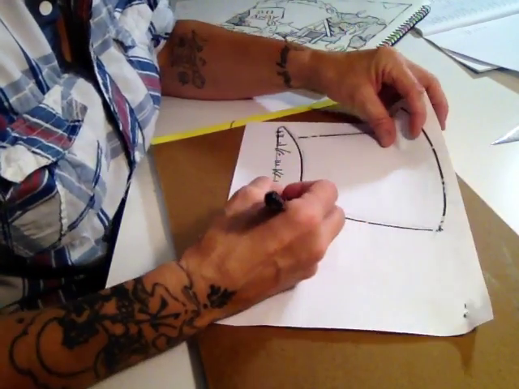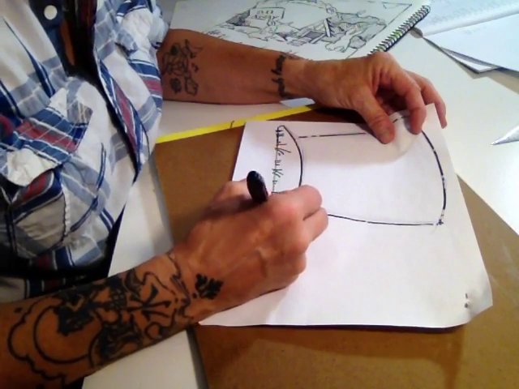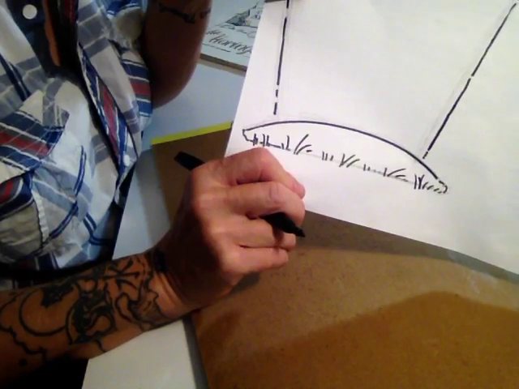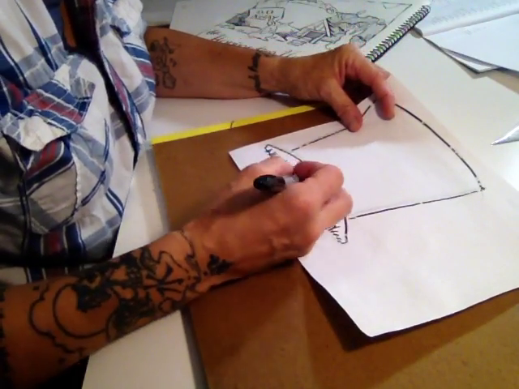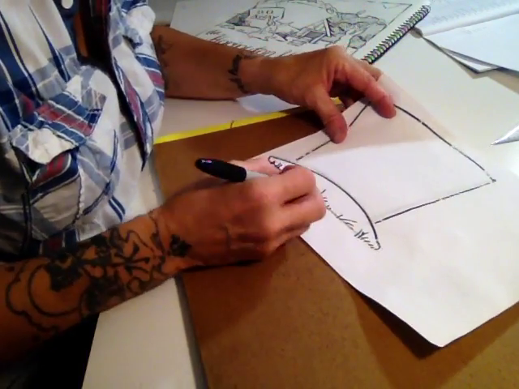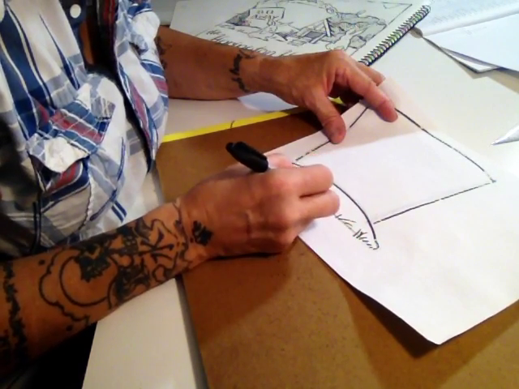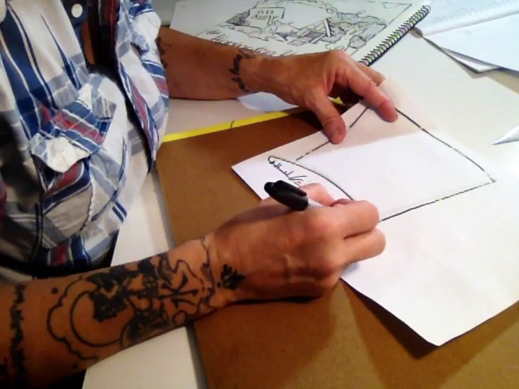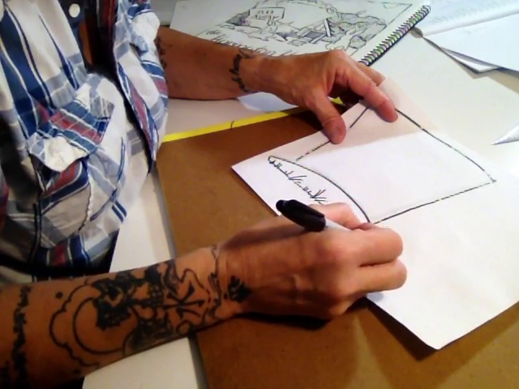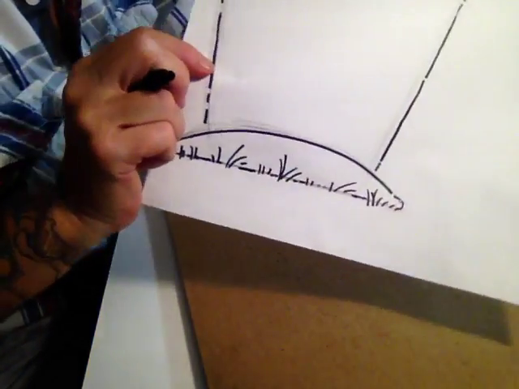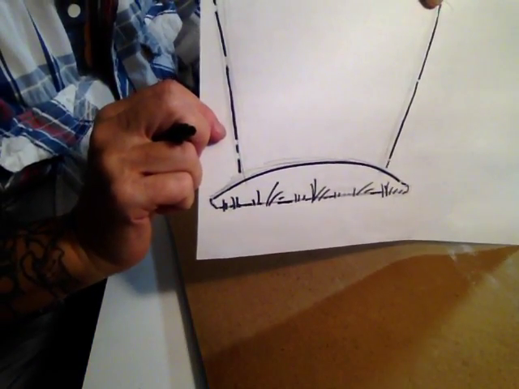So my grass is just lines, kind of sticking up and going all over the place, like that. And then drawing the bottom, just putting in dots and dashes for the bottom of the top hat. Just like that. Okay?